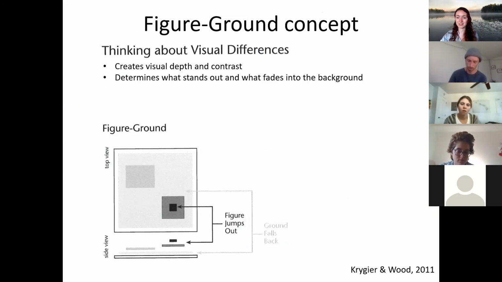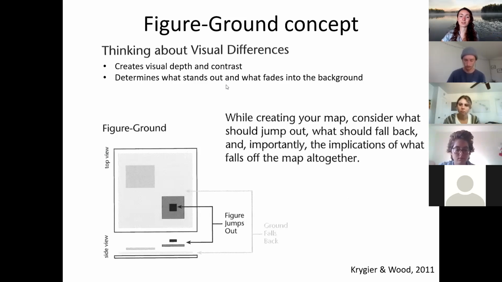You want to manipulate what stands out on your map and what fades into the background. And there's a lot of ways you can do this, and it creates much more visual depth and contrast as opposed to having everything be bold black or like a gray part of the background. You can have different layers to it. And you want to consider what does jump out, make sure the most prominent features do, what falls back, and what isn't even part of your map, what fades off altogether.